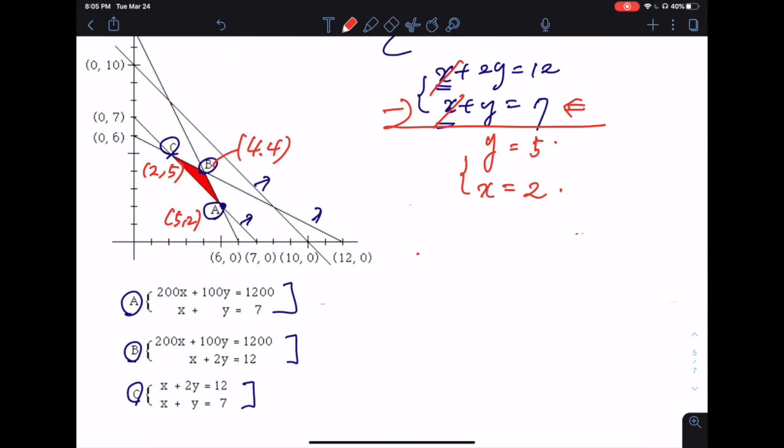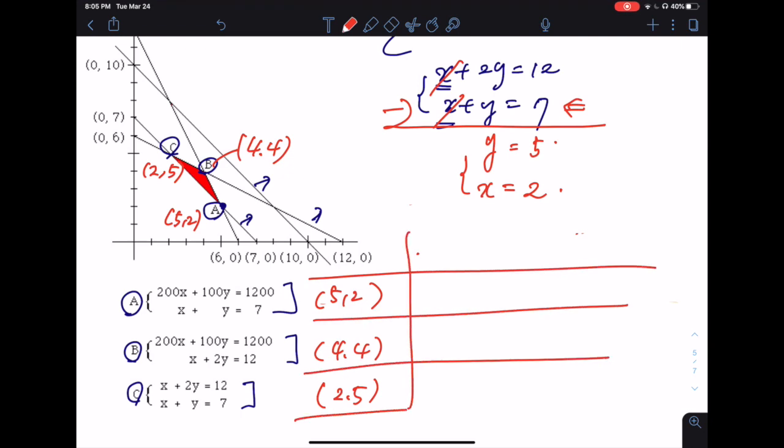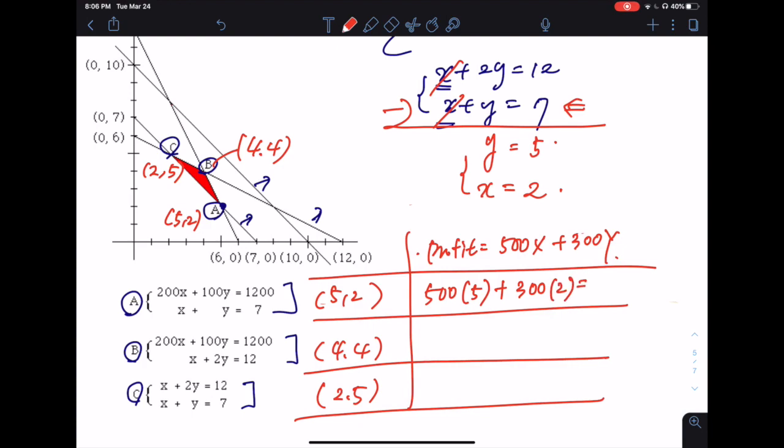Okay, so given three corner points, A is (5, 2), B is (4, 4), and C is (2, 5), we can decide the profit. So what is the profit? Profit is, let me write down, 500x plus 300y. Therefore, for corner point A, profit is 500 multiplied by 5 plus 300 multiplied by 2, and you will get 3,100.